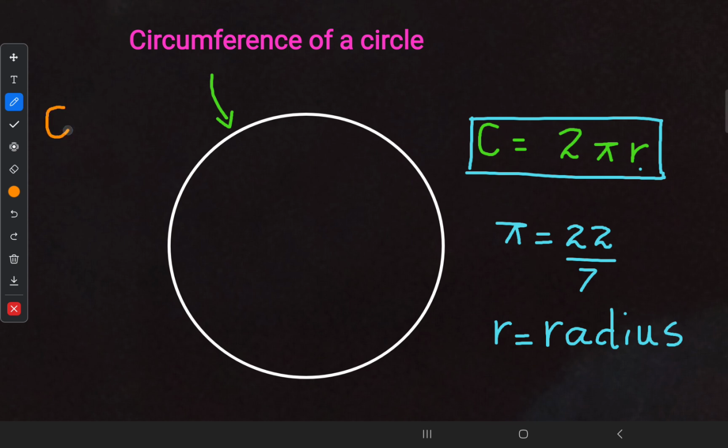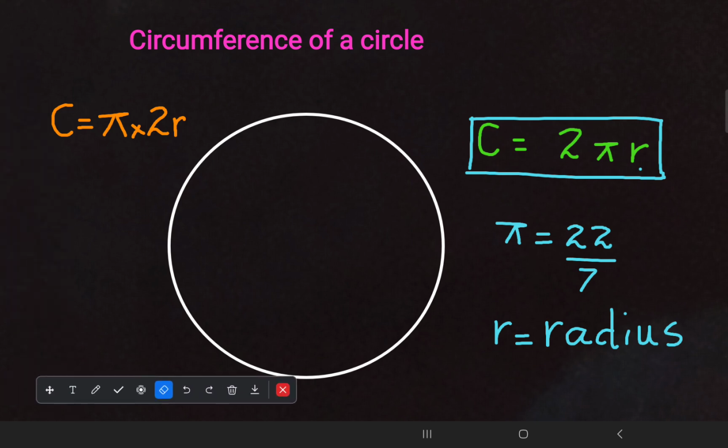C equals pi multiplied by 2r, instead of writing 2 multiplied by pi multiplied by r. Here r means the radius of the circle.